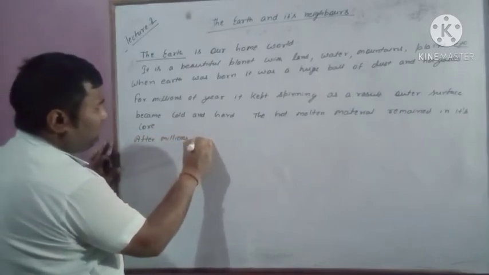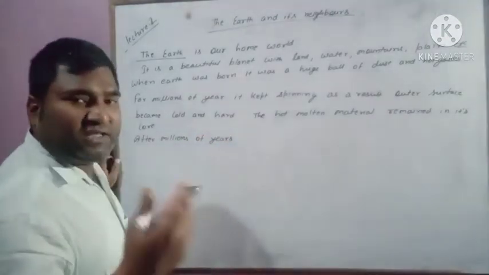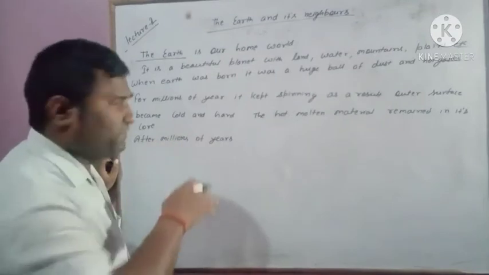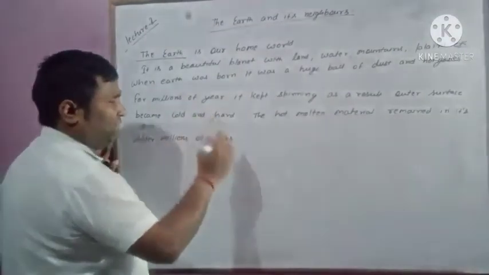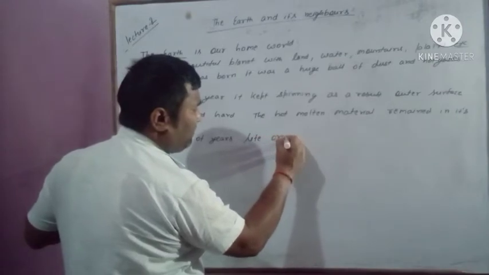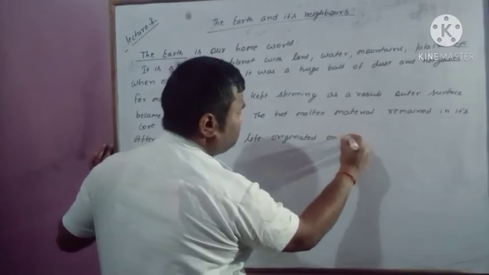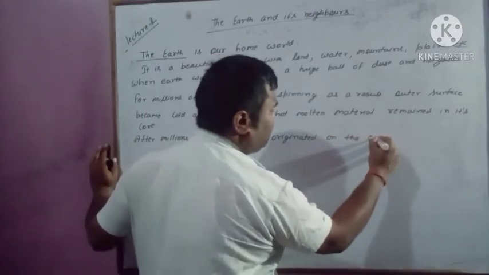After millions of years, means after millions of years of formation of earth, life originated on the earth.